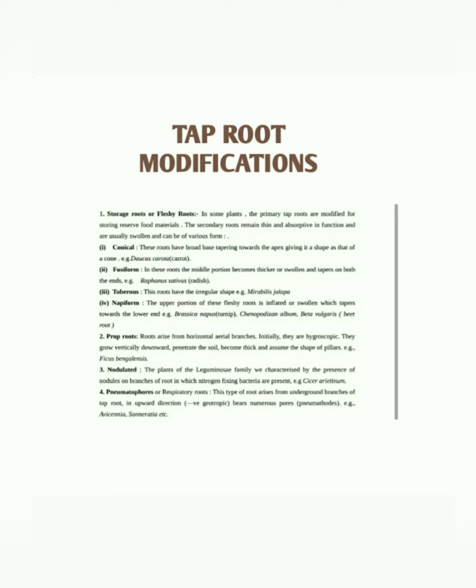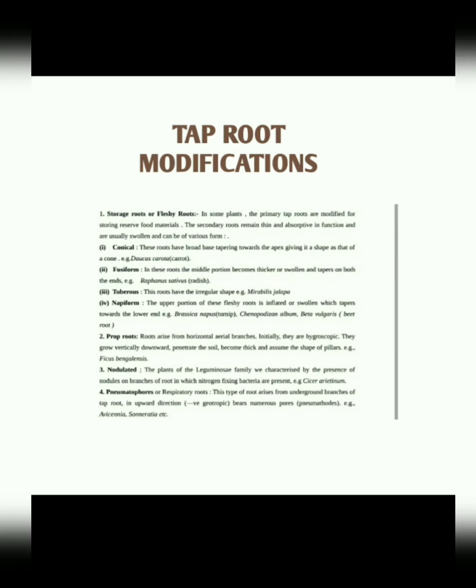In fusiform, generally the central or middle portion will be swollen, and the top region as well as the bottom region will be tapered. What is the meaning of tapered? Turning to a sharp point. It is not broad, it looks like how the cone ends. Here the tapered end will be present at the top or at the bottom or at both sides. So the example for fusiform is radish, Raphanus sativus.